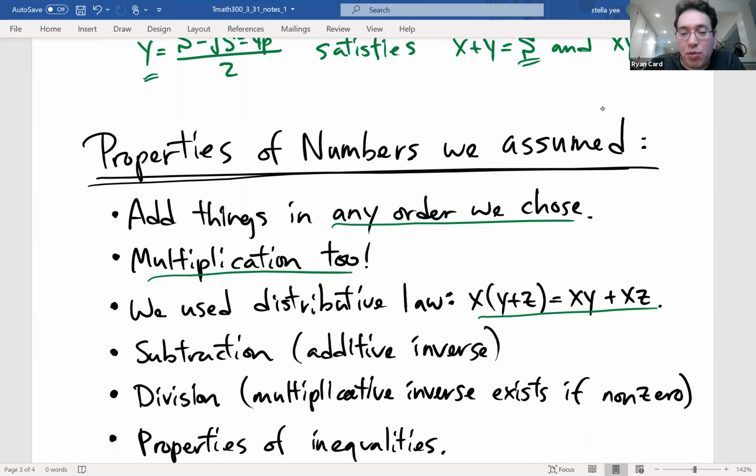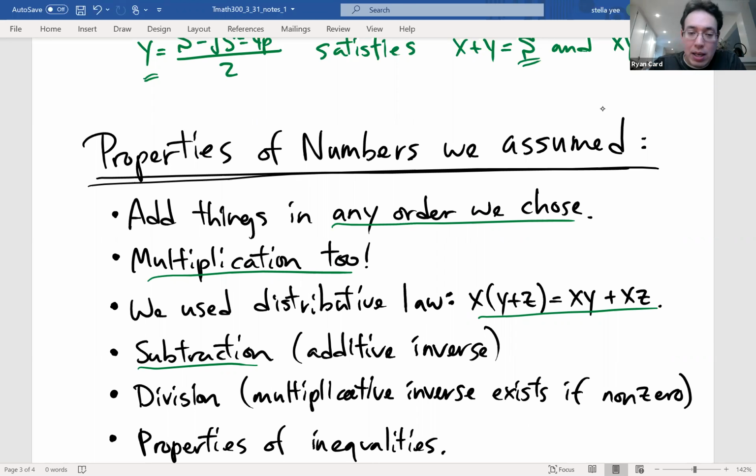That's a rule that we take for granted, but we assume that that's correct. We subtracted things. That seems like a really basic thing, but assuming that there's some additive inverse to a number is an assumption that we're making.